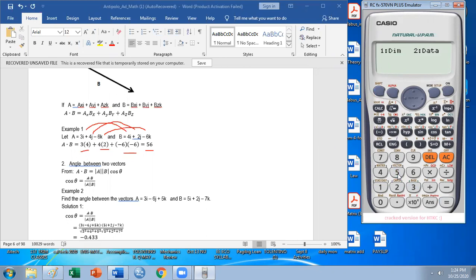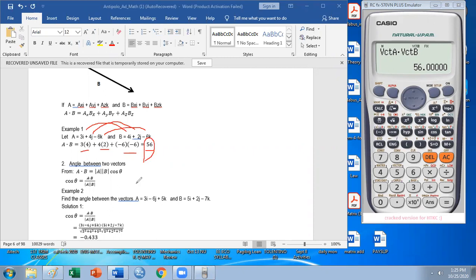Then define vector B as 4, 2, and negative 6. So when you take the dot product, it is just vectors. Shift 5, 3. Shift 5, find the dot, number 7. Shift 5, 4. That's your dot product, which is 56.